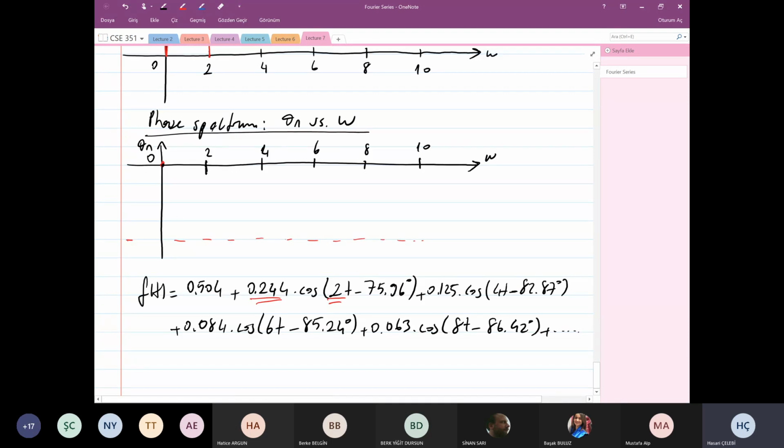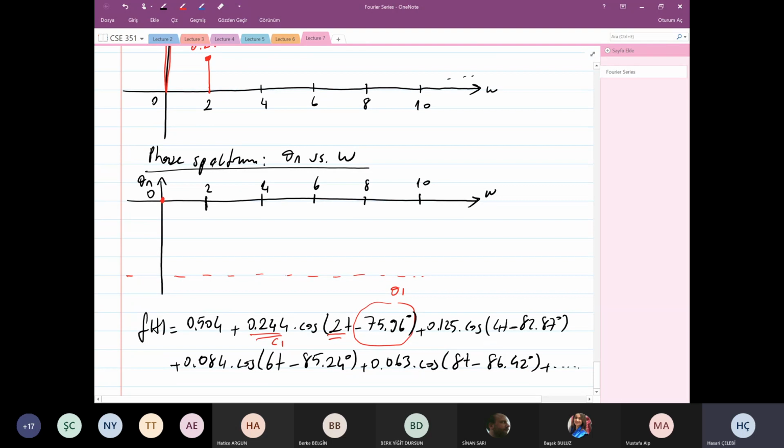And the corresponding phase theta 1, this is the C1, for n equal to 1, is going to be negative 75.96 degree.